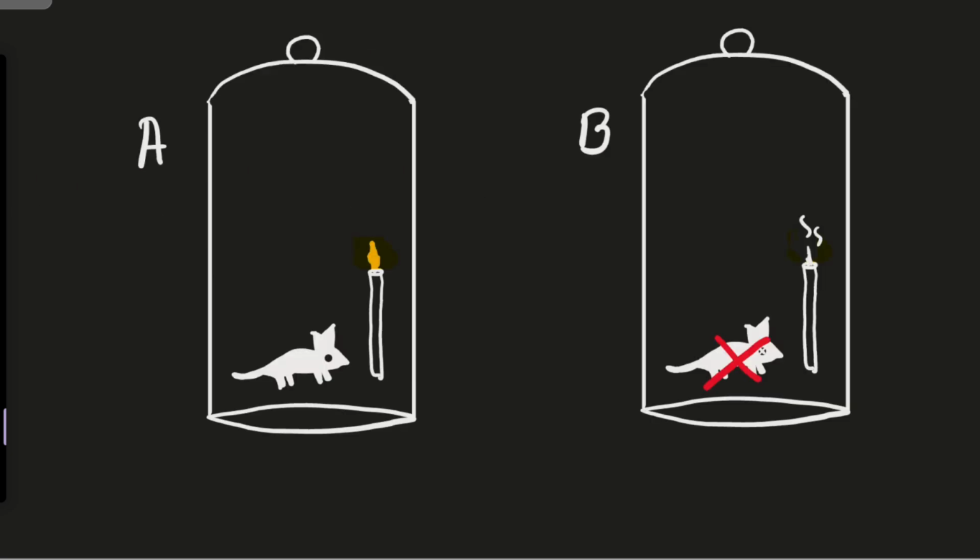Priestley takes one mouse and one candle and puts them in a closed bell jar. After some time, the mouse dies by suffocation and the candle also gets exhausted.